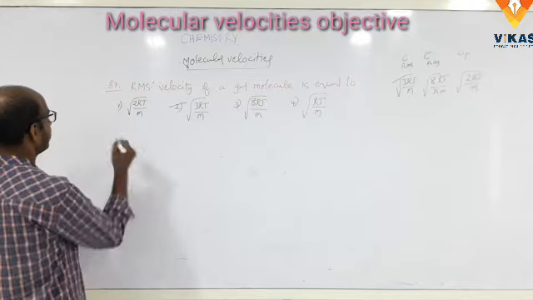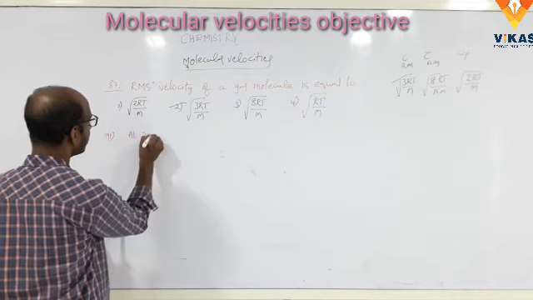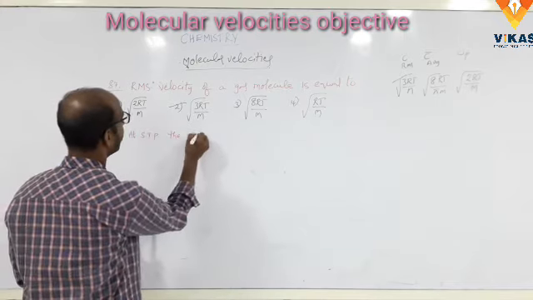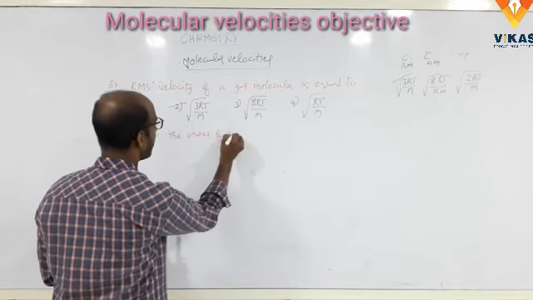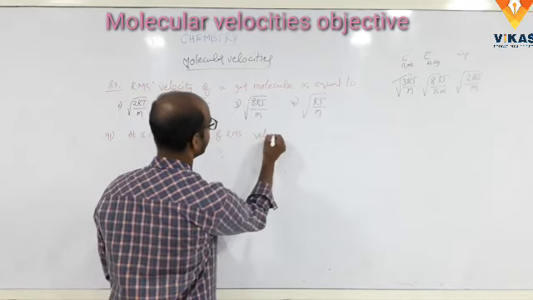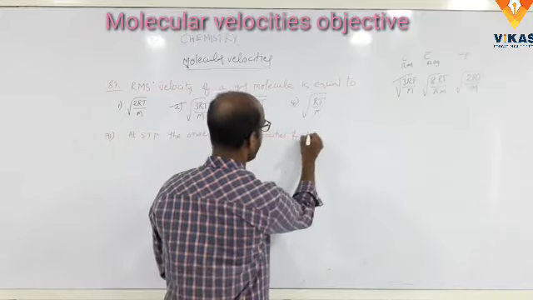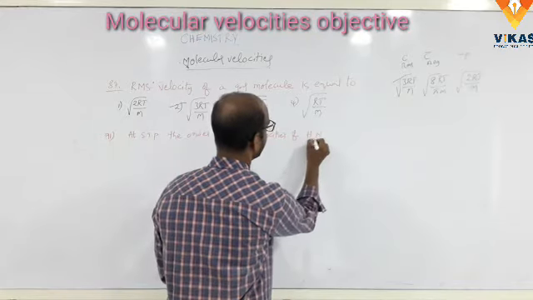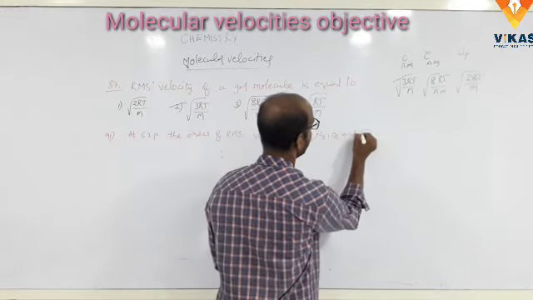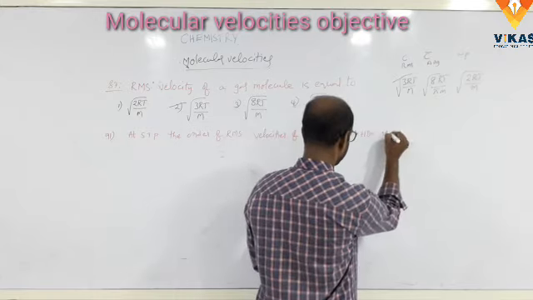Question 91. At STP, the order of RMS velocities of H2, N2, O2, and HBr molecules.